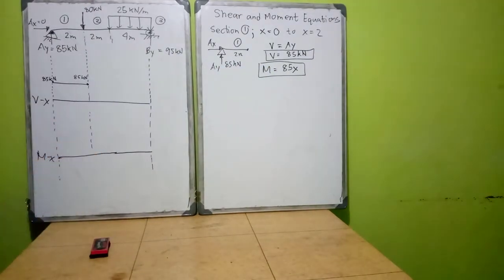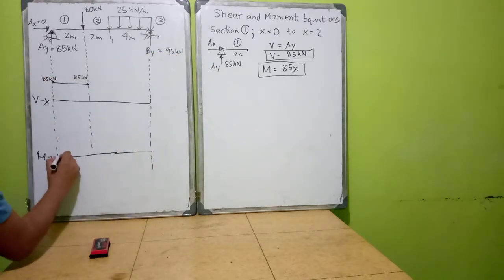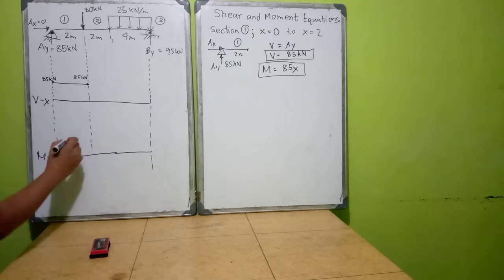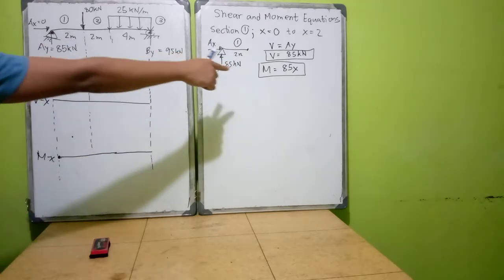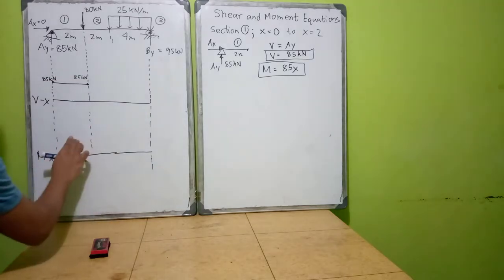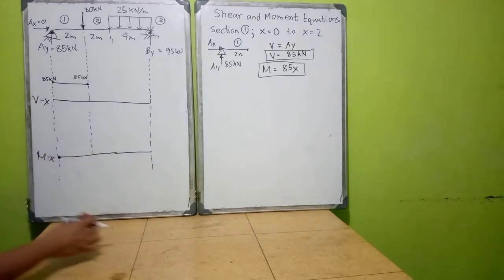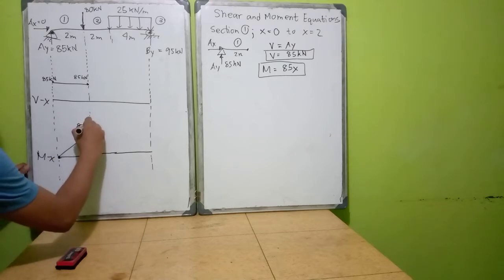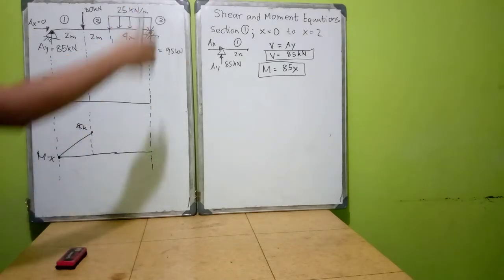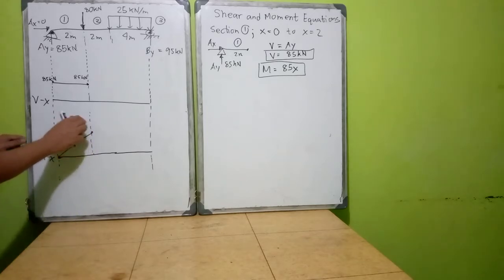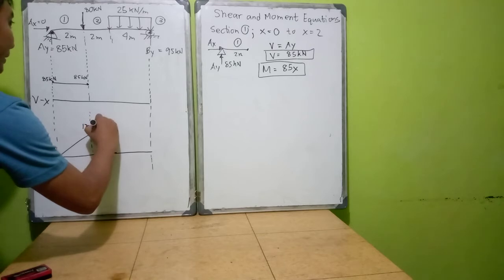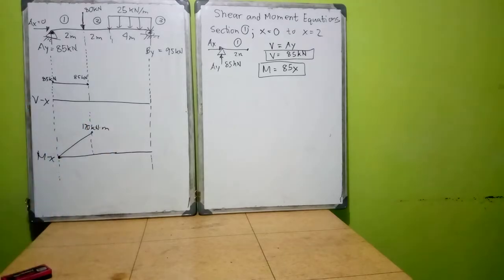Meaning when x equals 0, it is 0, but when x is equal to 1, it becomes 85, somewhere here. And when x is 2, it becomes 170. So it is increasing like this. 85 kilonewton times 2, we have 170 kilonewton meter.